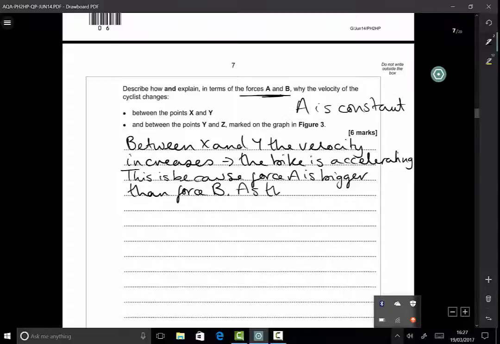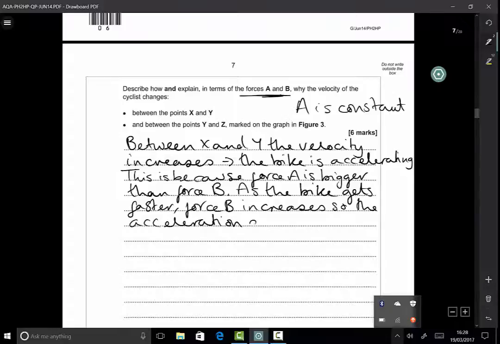As the bike gets faster, force B increases. So the acceleration gets less.